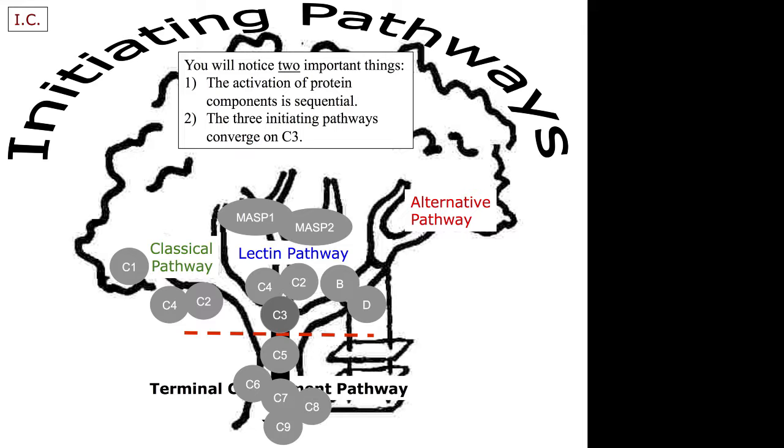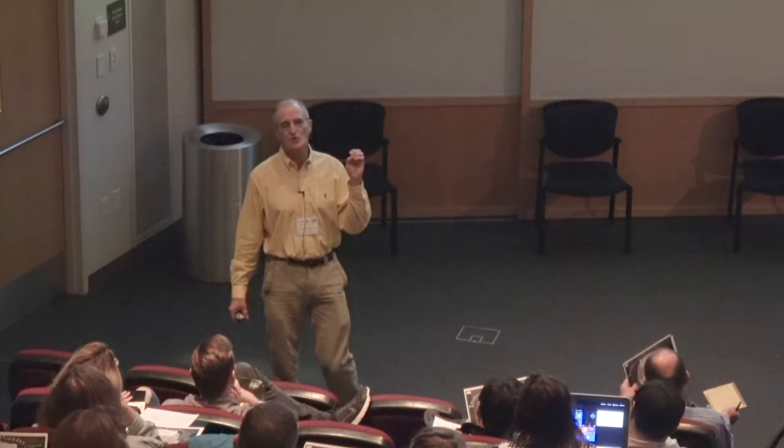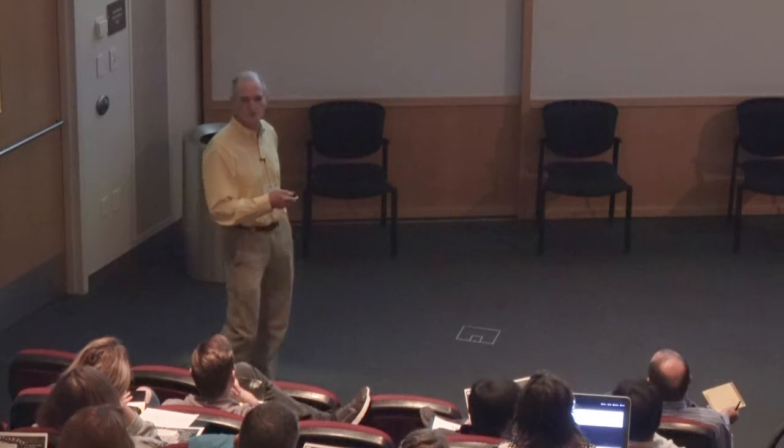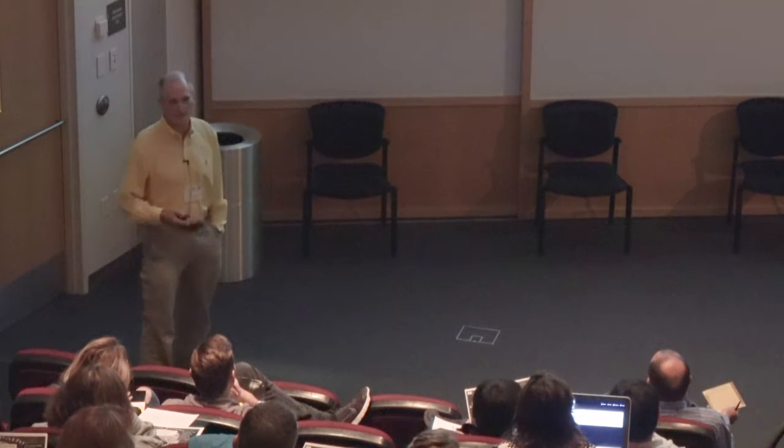C3 convertase is the most important enzyme in the complement system. It is so robust that over the course of a few minutes, 10 billion molecules of C3 can be consumed, generating massive amounts of C3 convertase. So that gives you a flavor for how powerful the complement system is.